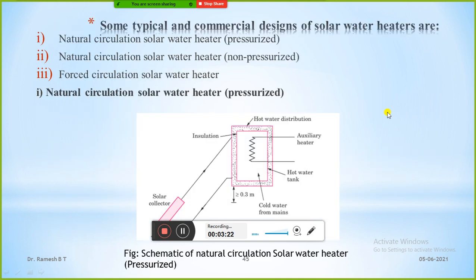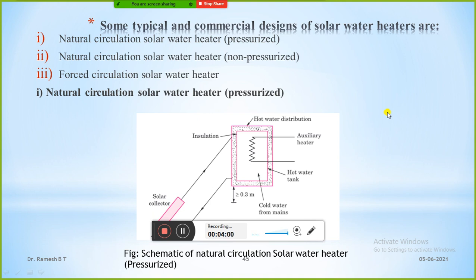Here we can categorize it into three important types of solar water heater that we are going to discuss. The first one is a natural circulation solar water heater, which is pressurized, meaning it has some high pressure. The second one is a natural circulation solar water heater, but it is non-pressurized.